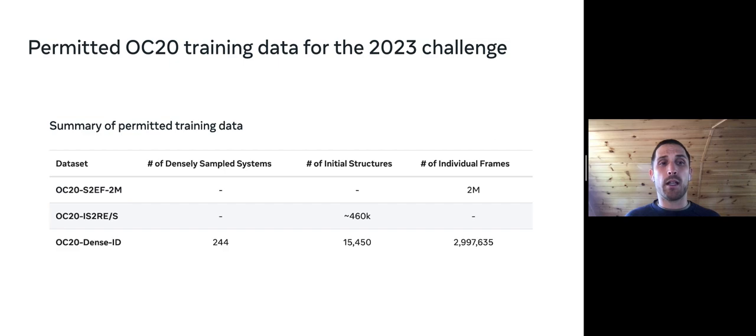In addition, we're going to allow the IS2RE and IS2RS data, which has about 460K initial structures and relaxed structures. And then new this year is the OC20 dense data, and this we're going to use the in distribution split. So this has about 244 systems that are densely sampled. That results in about 15K initial structures and about 3 million individual frames.